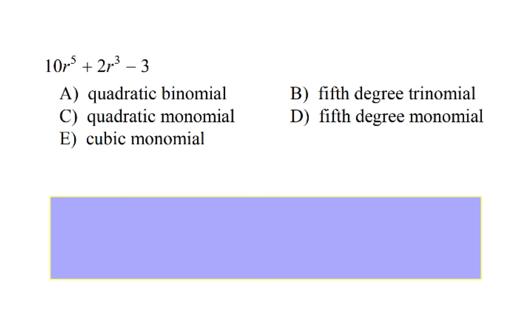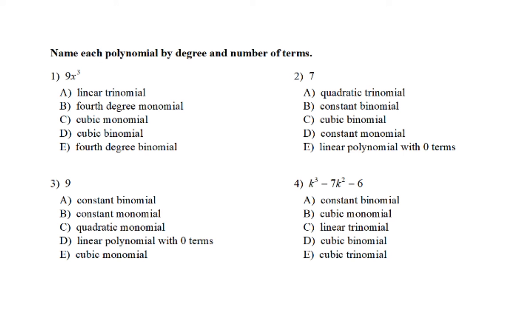This one, again, as I scan through, I'm seeing 1, 2, 3 terms. This should be a trinomial. The only one with trinomial is this one. Is it a 5th degree? Yes, it is a 5th degree trinomial. As I look through these, let's see, we have a to the third power is cubic, and there's one term, so cubic monomial.